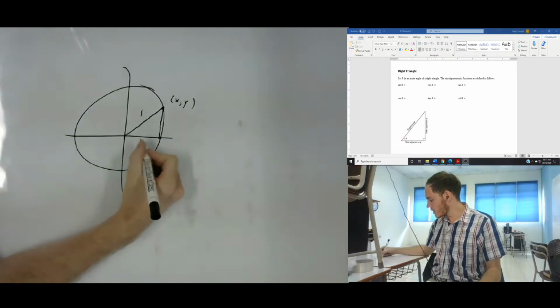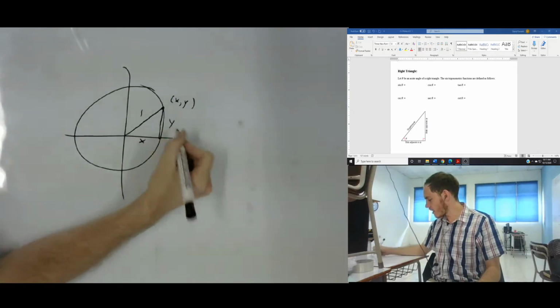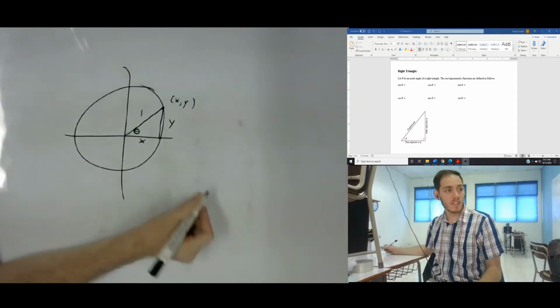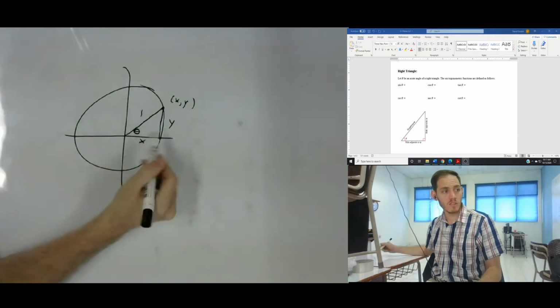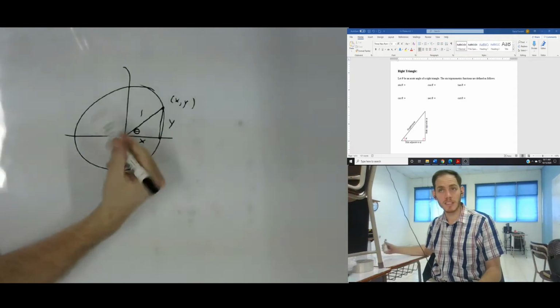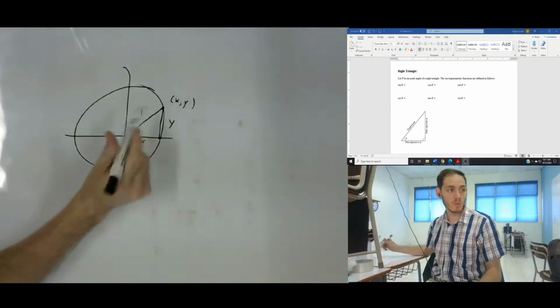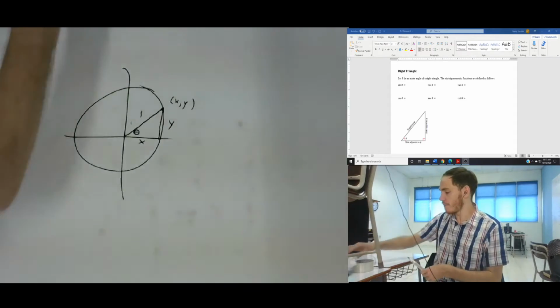So our adjacent is just x, and our opposite is just y. This is our theta. So actually, in a unit circle, really, you're dealing with the same concepts that you're dealing with today. Only, our hypotenuse is always 1 in a unit circle. Okay?